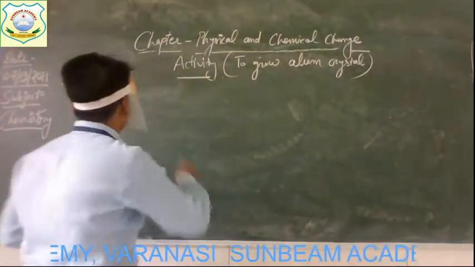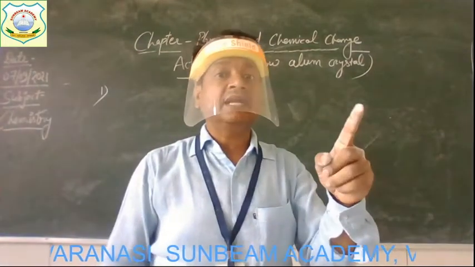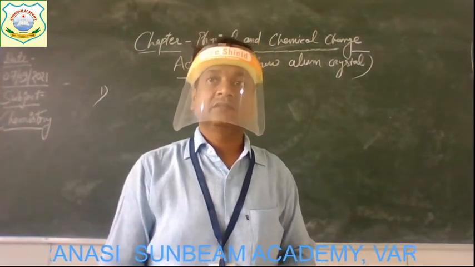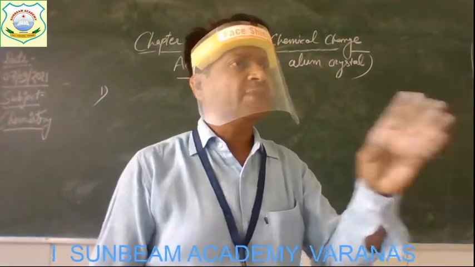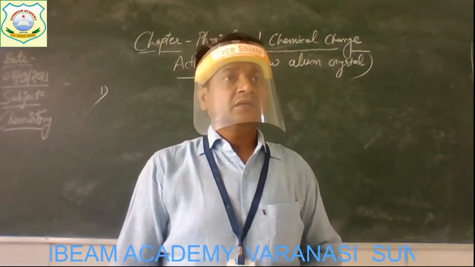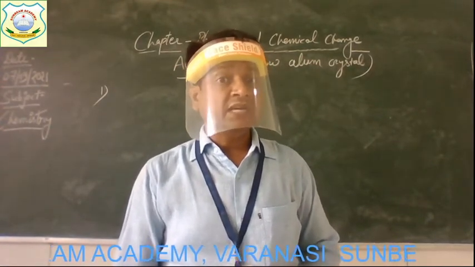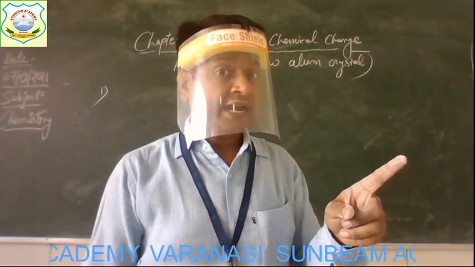In the first step, what will you do? You will need about 25 grams of alum. You can get it easily from any shop. So take about 25 grams of alum and you need some water for your activity. You need a nylon thread.